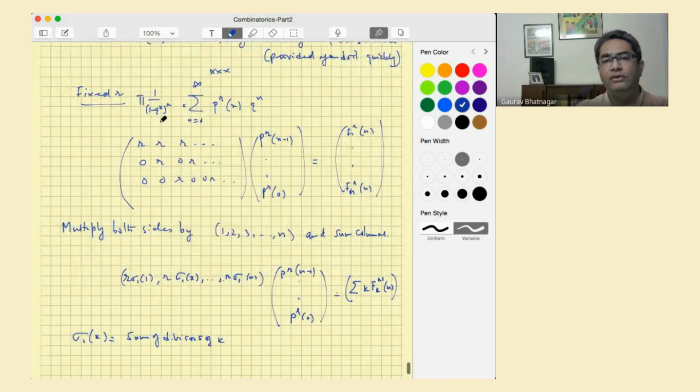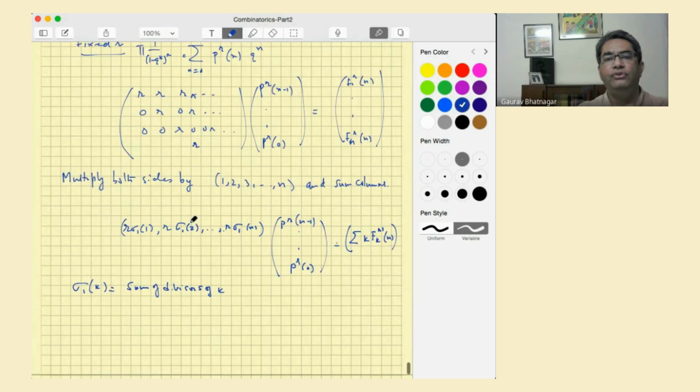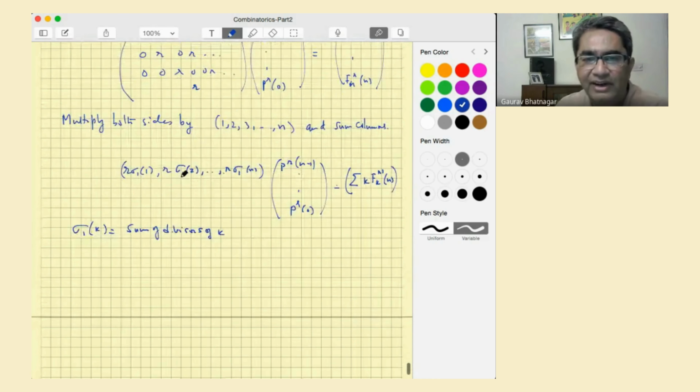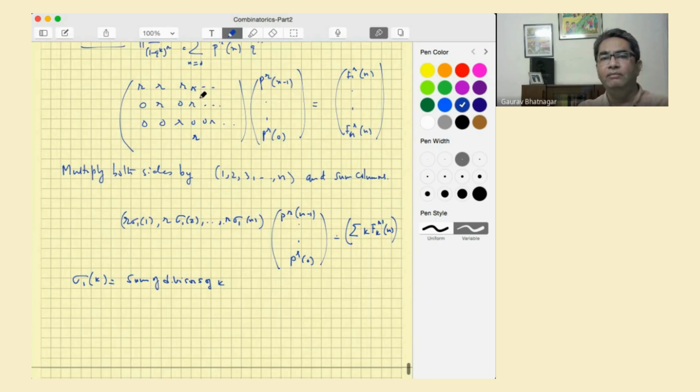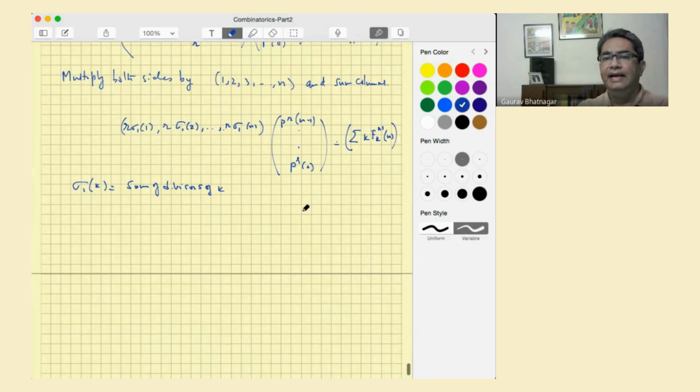Because the numbers are non-zero only when they are divisors. So the second one will be non-zero, 1 and 2 are non-zero, 1 and 3 are non-zero, and 1 and 2 and 4 will be non-zero in the fourth row. So only the sum of divisors basically of n. So the kth column will be the sum of divisors of k, and I get this.